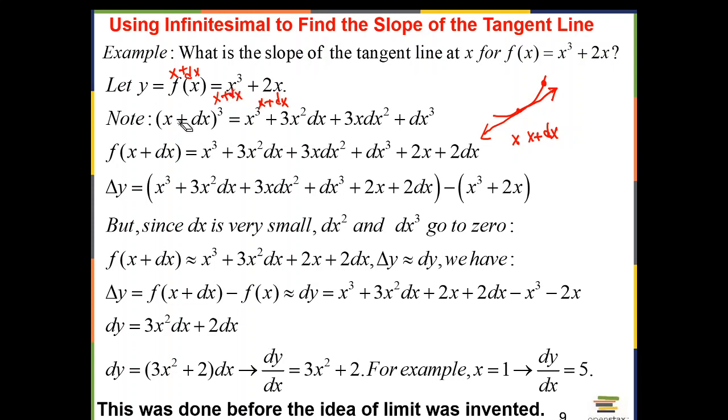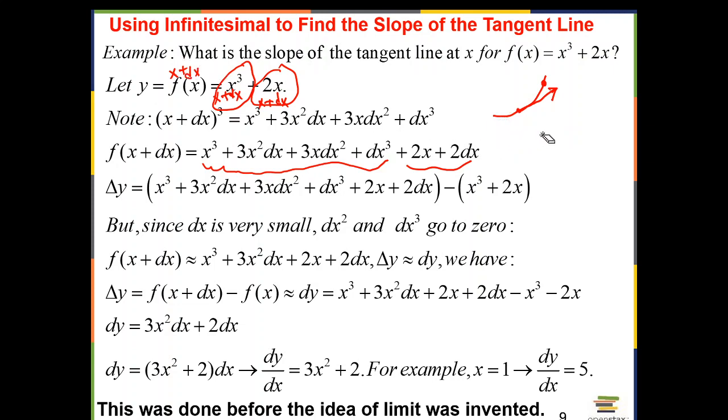So this part right here, all the way to here, is basically this if you put x plus dx for x, and this part is this if you put x plus dx for x. So this will be f of x plus dx, right?